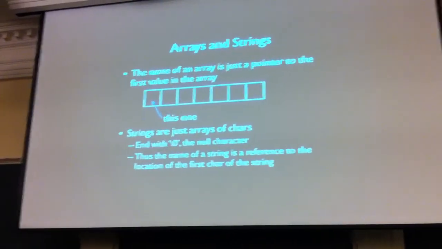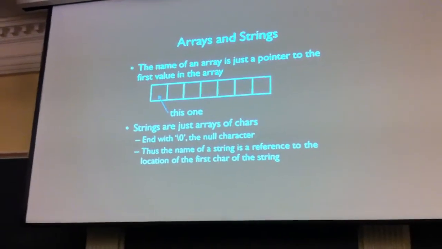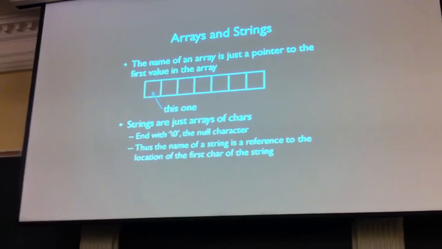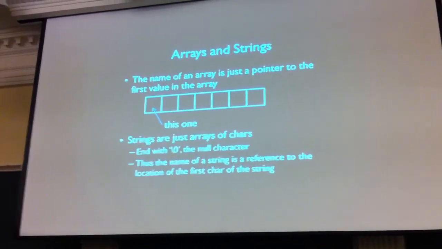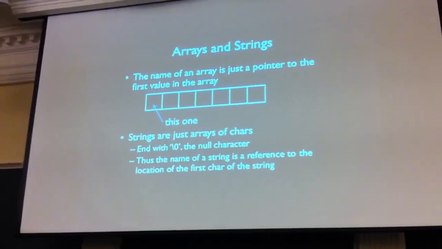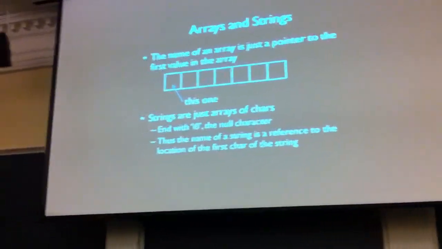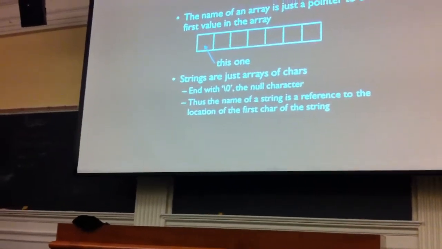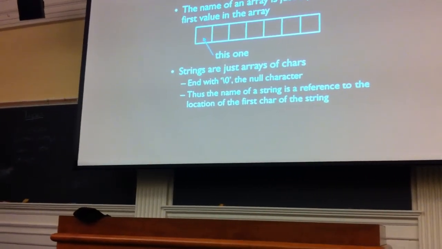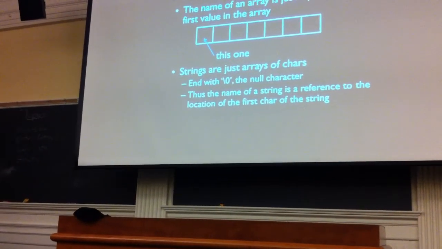So if you created an array in a function with malloc, then you can return the pointer to the start of the array, and you can use that array in another function. You can use that array in main, you can use that array anywhere else in the program. And you can see that strings are just arrays of characters that end with a null byte. And the name of the string is just a reference to the first character of the string. Any questions?